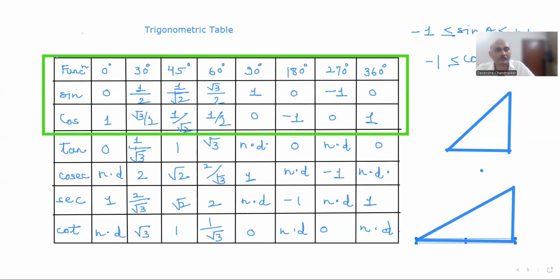So this is 45 degrees. This is 45 degrees. है ना? This is 30. This is 60. And this is 90.